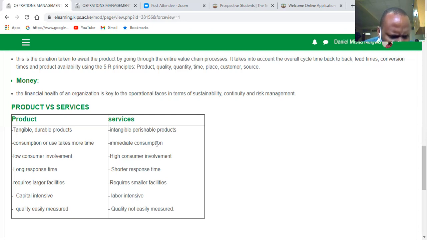Then the other thing is products require larger facilities, and services require smaller facilities. So when you're coming up with a product, you need to have very big facilities like machines. But on the other side, services do not require that. Then products are capital intensive, they use a lot of money, a lot of capital to invest on coming up with a new product.